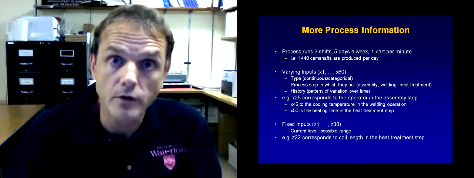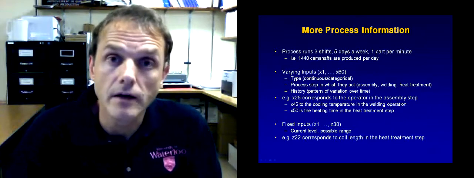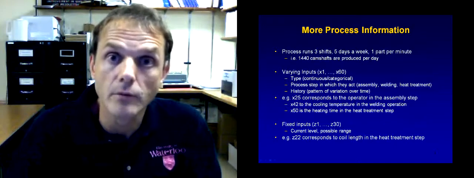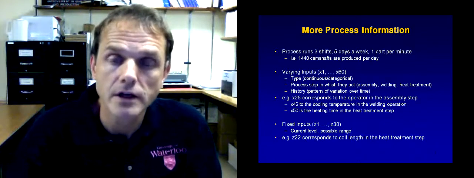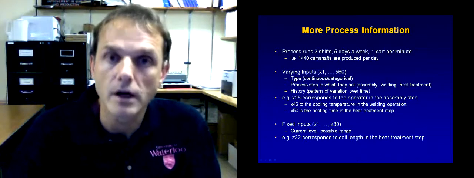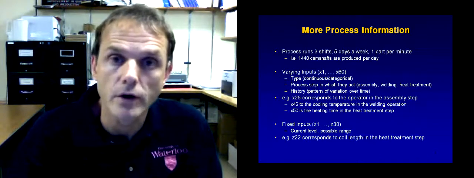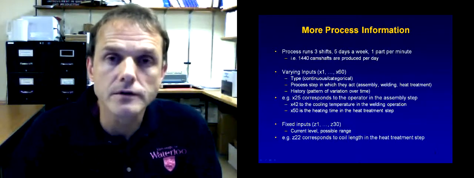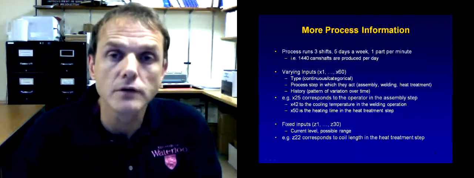From the process map, you also saw that the varying inputs X1 through X60 operate at certain stages in the process, and you can see which inputs act in what stage. So consider this part of your background process knowledge about how watfactory works before you start. In addition, for some of the variables, you'll get some information about how they act over time.